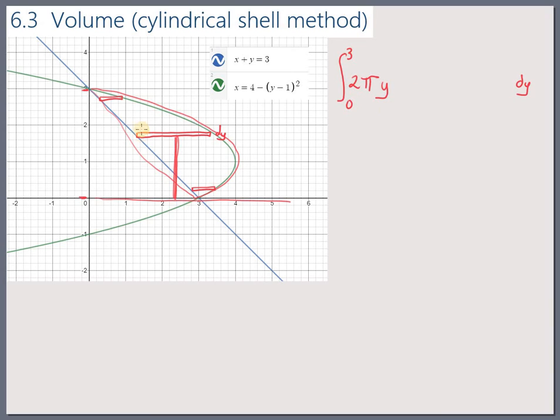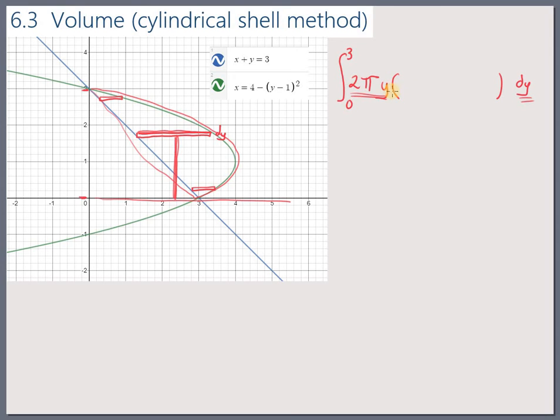Say that distance to the radius from the axis of rotation to the typical rectangle is just y. And the thickness of one of our shells is the dy. So we've got sort of the length and the depth, and we just need the height of one of these rectangles. So we just need this distance right here. And that height is going to be the difference between the green line and the blue line.